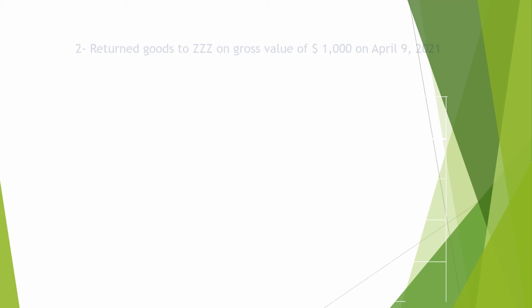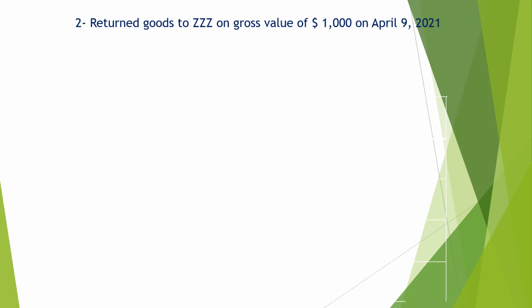Example number 2, return goods to ZZZ on gross value of $1,000 on April 9, 2021. Here we should recall the purchase from ZZZ with a trade discount of 15%. Now in case of return, the same discount is to be considered and the net amount to be recorded.